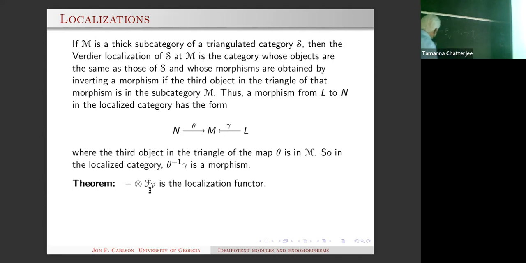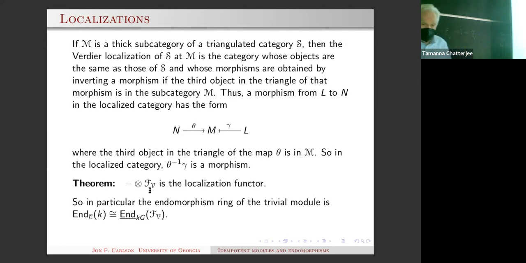The whole reason is that if you go back to this triangle, this E of V that we had has support variety in that subcategory, so it's going to be sort of 0 in the subcategory. And so basically what we're doing is inverting this morphism. That's sort of the basic idea. So tensoring with F of V is this localization functor.